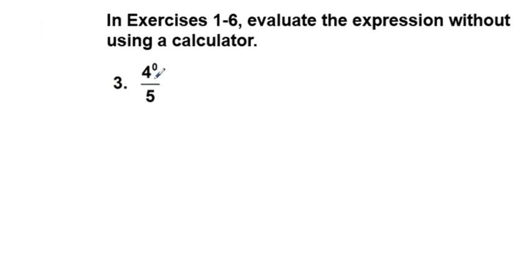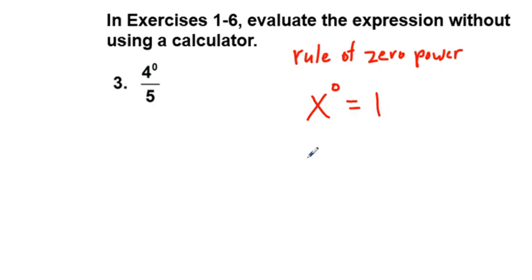we have 4 to the power of 0 over 5. Well, this is called the rule of 0 power. I think there's another name for it. That's what I call it sometimes. And basically, if you have x to the power of 0, that equals 1. Now, there is an exception.